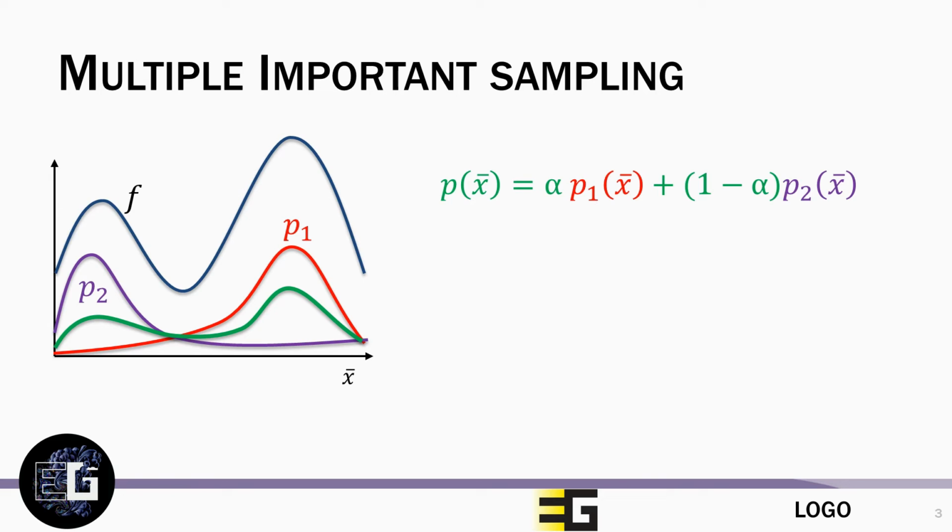Then the crucial decision is the weighting scheme of such a mixture, or the allocation of the total sample budget for individual sampling schemes. This weighting scheme is defined by variable alpha when only two densities are mixed.